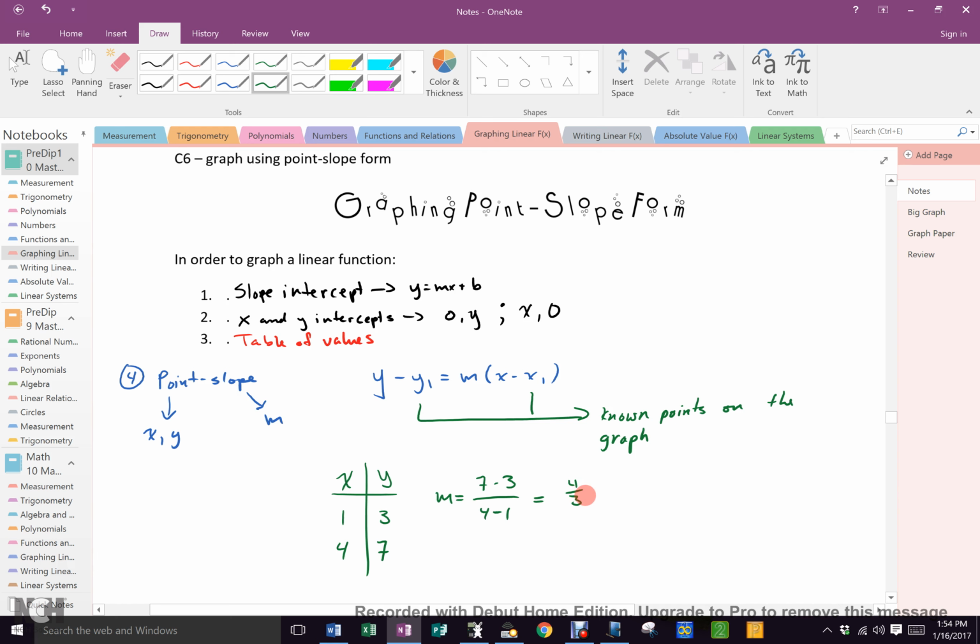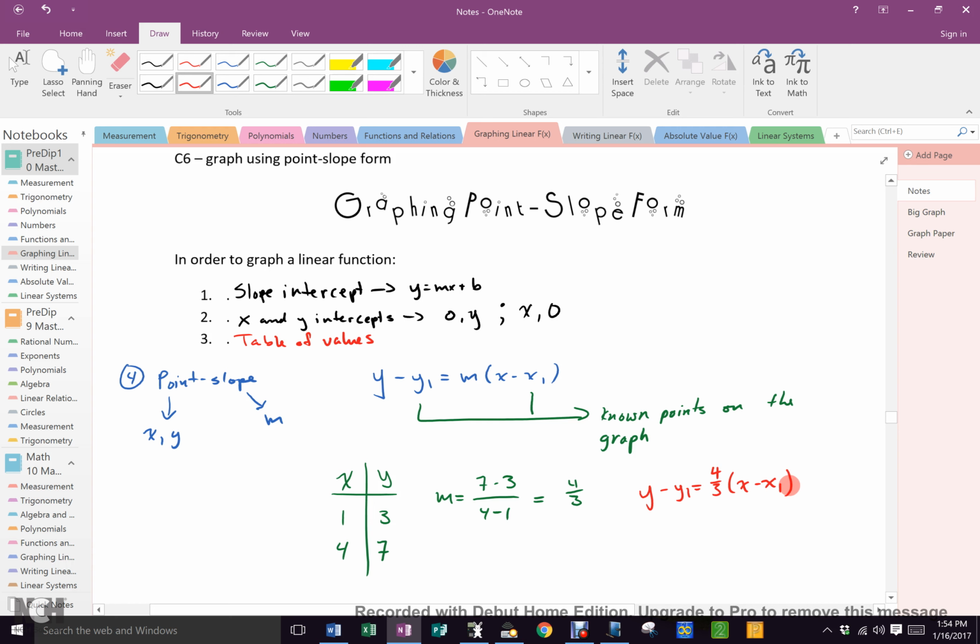So that's an m. Using this form that I've just given you, put in what we now know. We know y minus y1 equals, what's m? 4/3 times x minus x1.